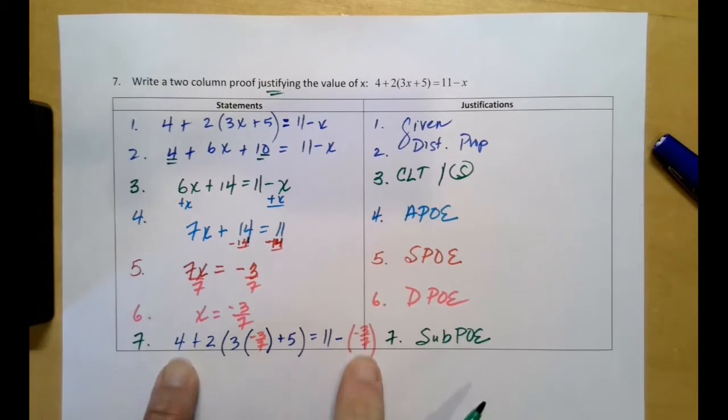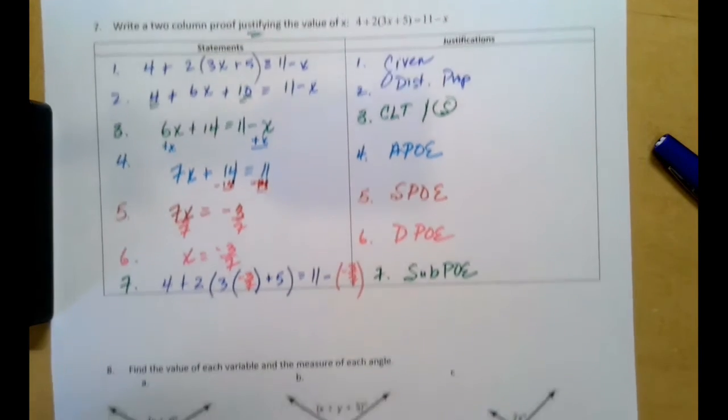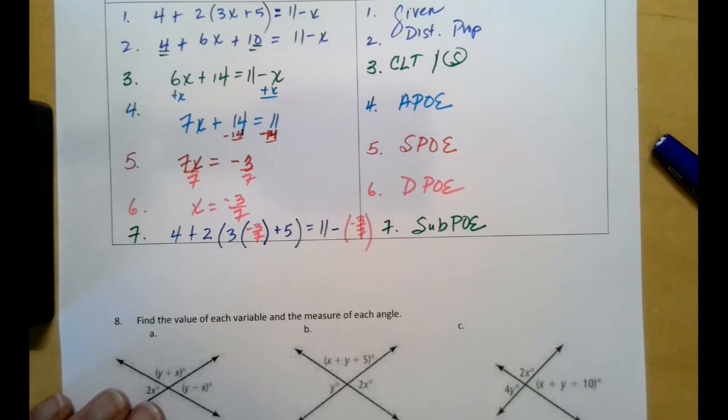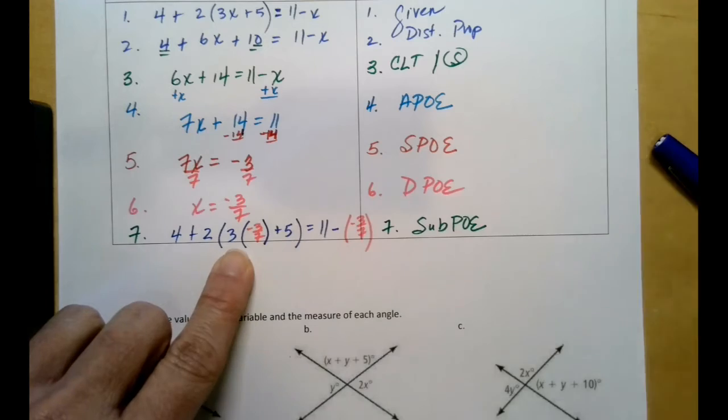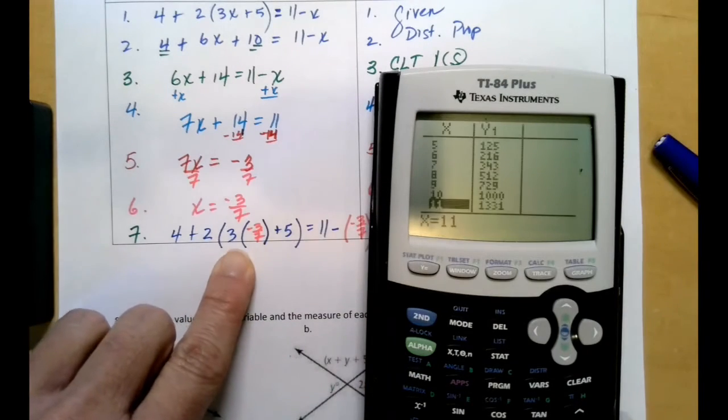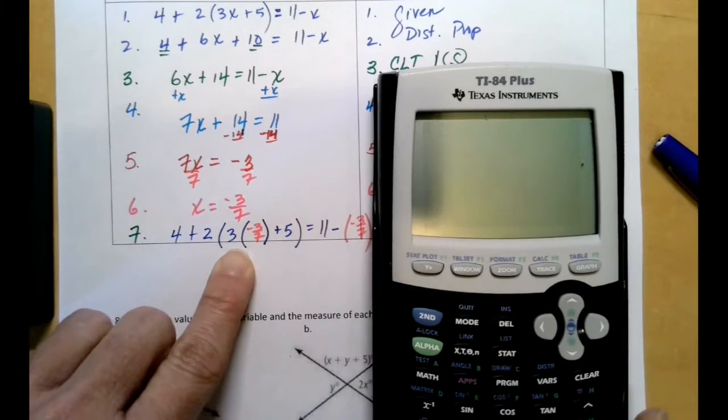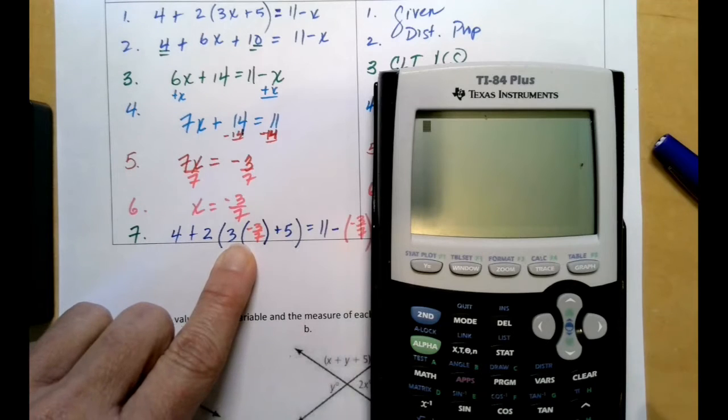Then I need to do some math and see whether or not I get the same value. So, all right, let's go ahead. I'm just going to do some quick calculator work because that makes it so much easier. So we're going to do 3 times the quantity of negative 3 divided by 7.